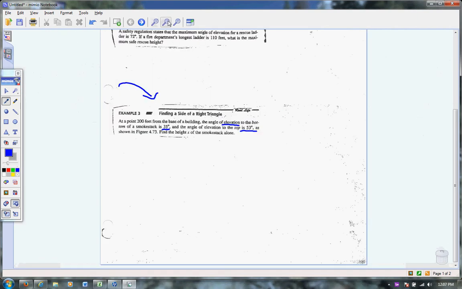That's probably a little too big. So what do we have with this situation? We have a building, and on top of the building is a smokestack. All right? And so what we need to draw in is our labels here. 200 feet from the building.